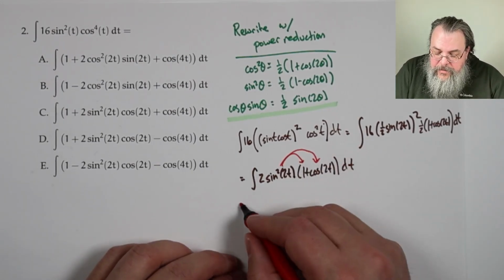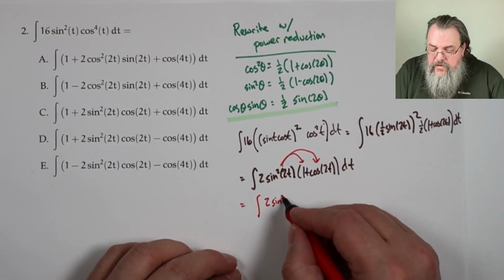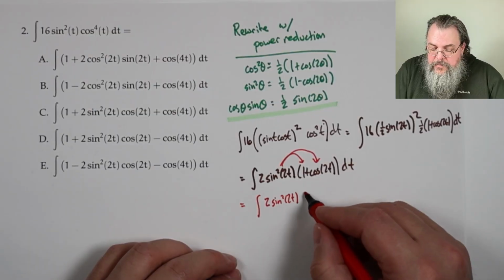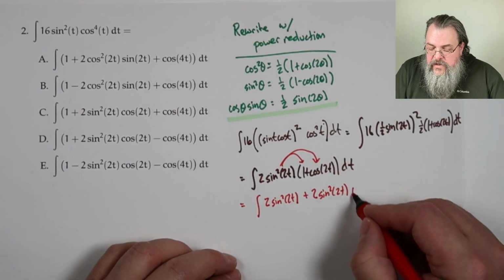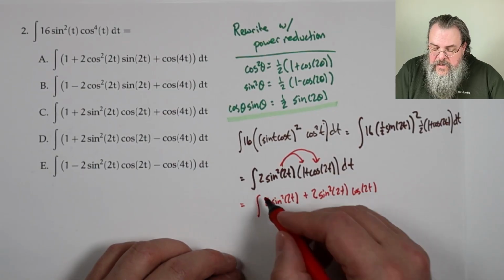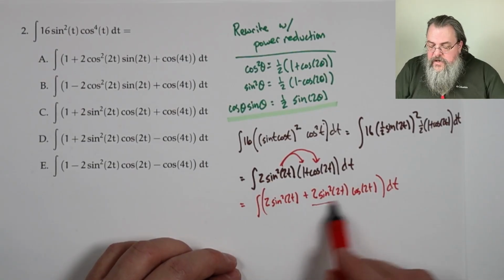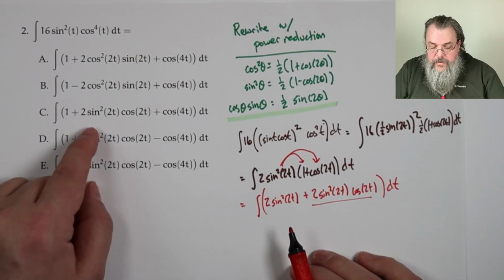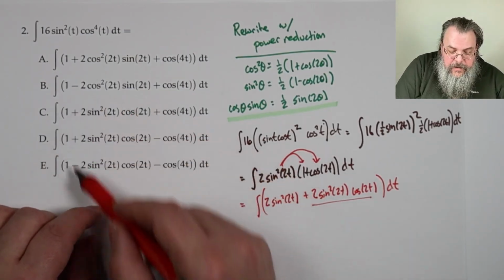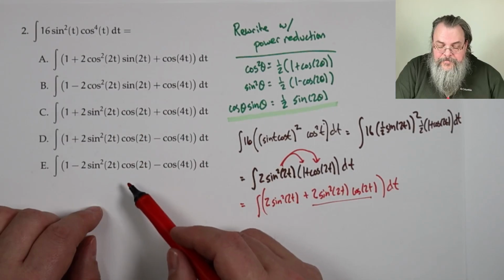And what do we have? Well, we have the integral of 2 sine squared of 2t plus 2 sine squared of 2t cosine 2t dt. Now, this part does look promising, because if we look, we see that 3 of the options here have a 2 sine squared 2t cosine 2t.